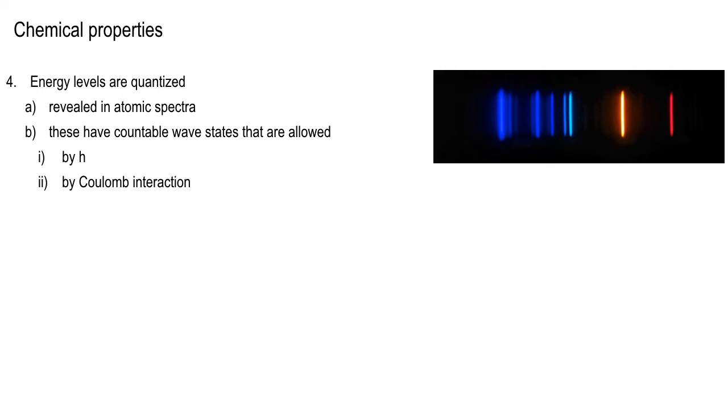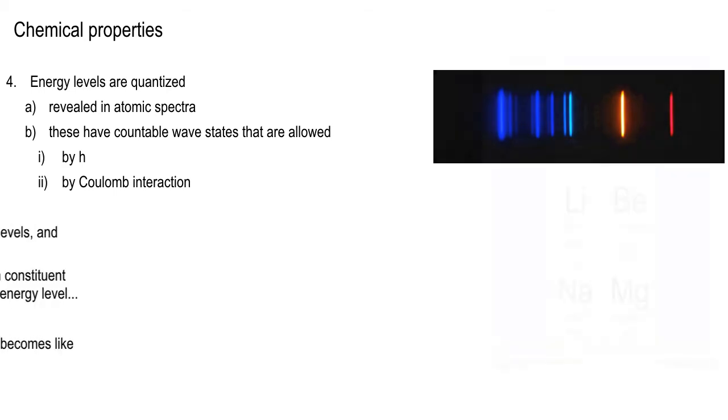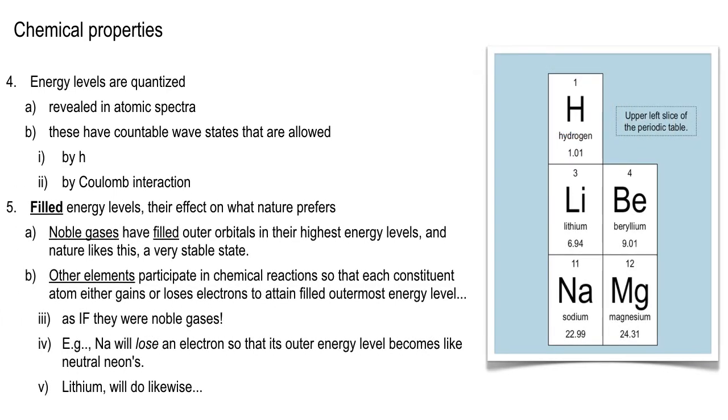Now, we know that the energy levels are quantized, and that's revealed in the atomic spectra. We've talked about that. They are countable wave states that are allowed by Planck's constant h and the Coulomb interaction. And what nature tends to do is to prefer that each atomic orbital level is full.